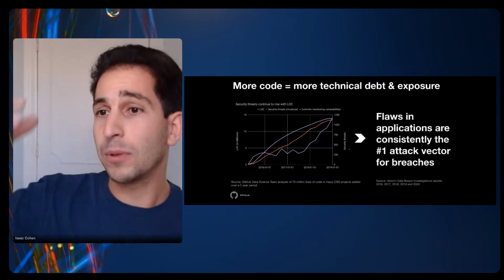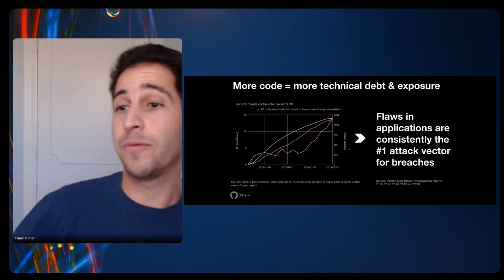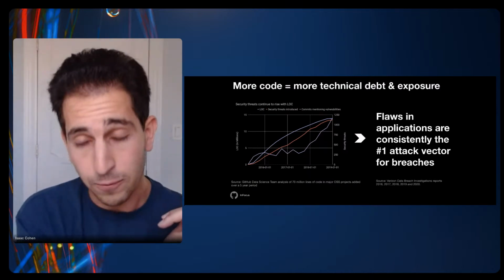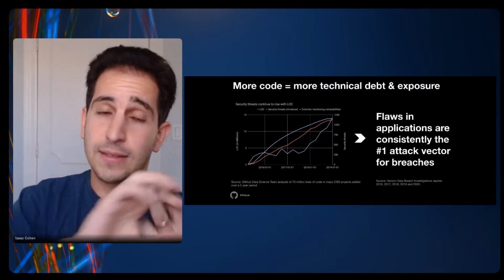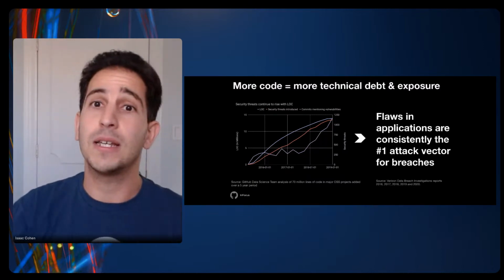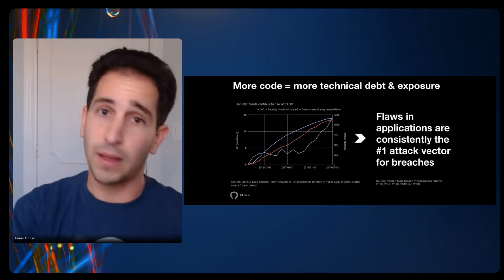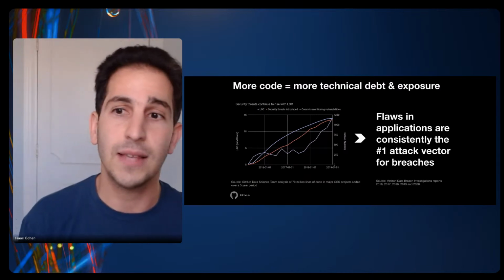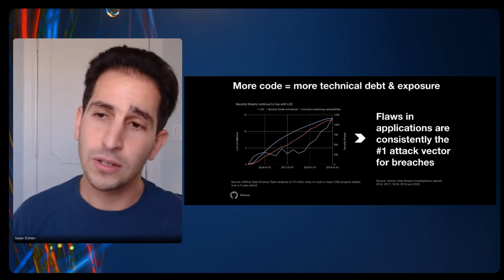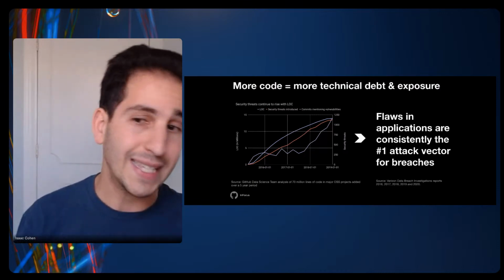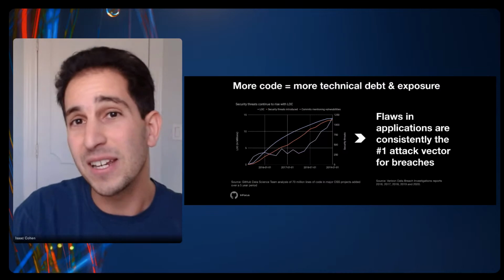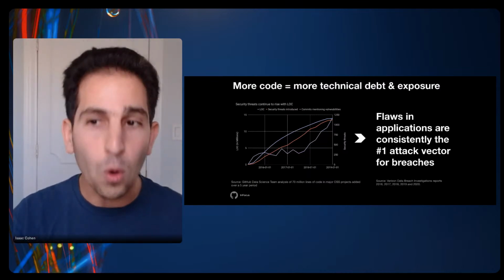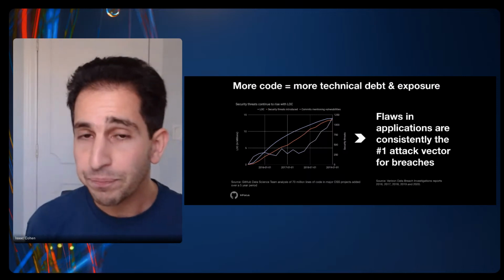Let's couple that with the fact that flaws in applications are the number one attack vector for breaches, right? It's not the network vulnerabilities, it's not phishing, which those are super, super important. Obviously, you want defense in depth, in layers. But the number one attack vector is still applications, is still security issues, flaws in your application.